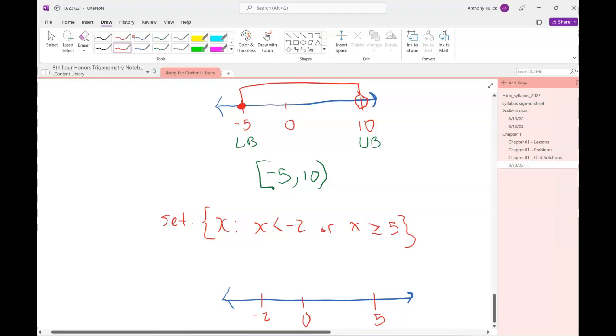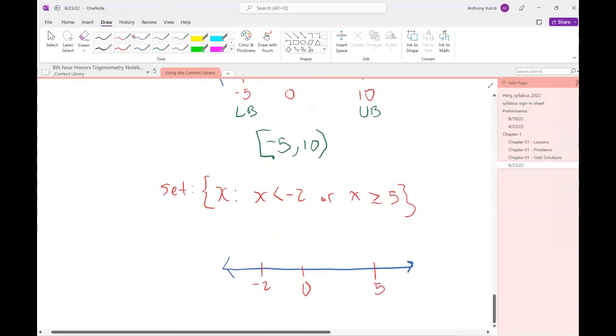So there's my number line. So x's could be less than -2. So -2 doesn't satisfy that inequality, but everything less than it does. Or x could be greater than or equal to 5. So 5 would satisfy that inequality along with everything bigger than it. Okay, so far so good.